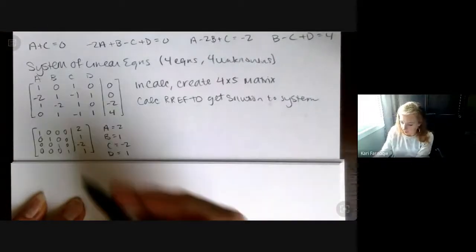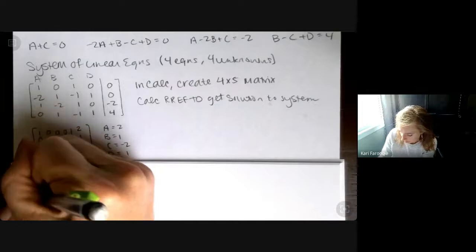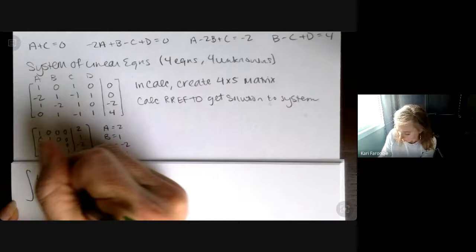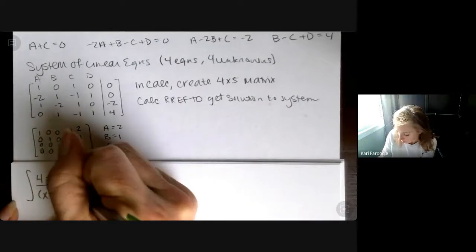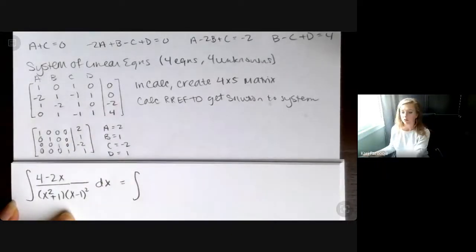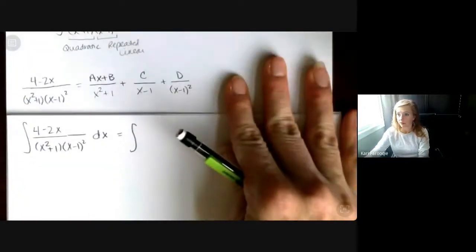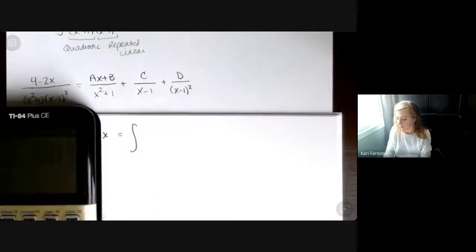Okay, so we will have the integral of 4 minus 2x divided by x squared plus 1 over x minus 1 quantity squared dx is equal to, and I'm going to be looking at the values straight out of my calculator. I know I wrote them, but I can only put so many things on the screen at one time.